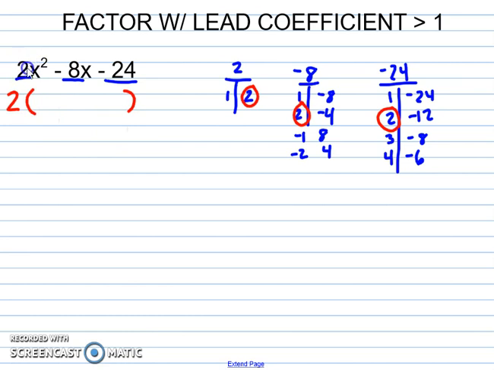So 2 times 2x squared, I'm missing my x squared. 2 times what gives me negative 8? 2 times negative 4, and I need the x still, so negative 4x. And 2 times what gives me negative 24? 2 times negative 12. And you know why I like the trees is because if I wasn't sure what I was missing, I could come over here. I have 2. Hey, I need negative 12.